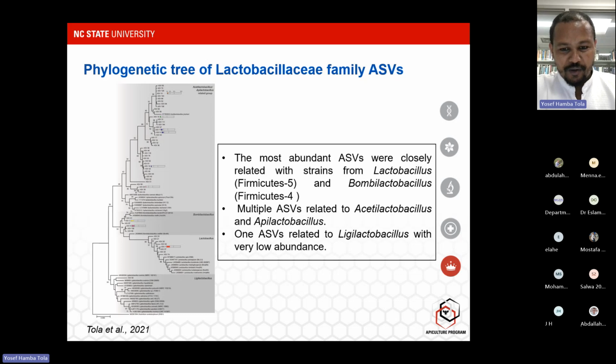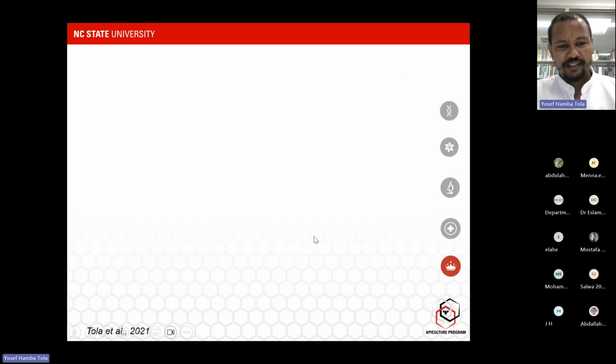And one of the ASVs is related to Lactobacillus with a very low abundance. However, most of our strains are clustered separately. That means when I compare with other continents, our strains from the single species are clustered separately, even when we compare with honeybee species and also with the stingless bee species.